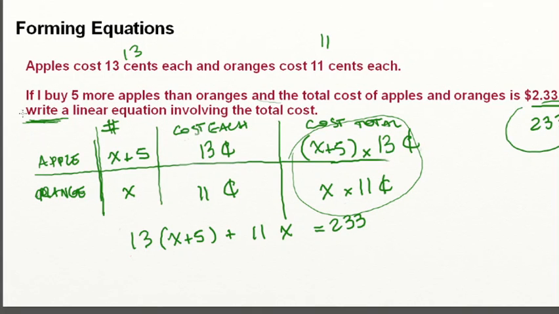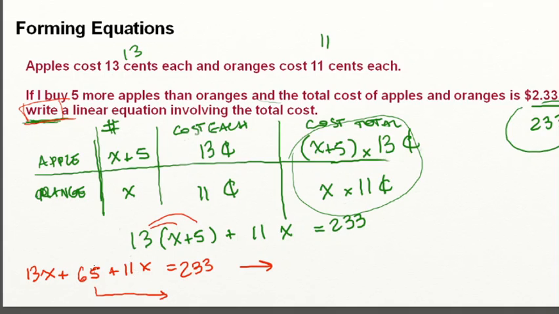So let's just quickly solve this one. Again, the question is just asking us to write a linear equation, but let's just solve it. So we would have to expand those numbers. So we would have 13x plus 13 times 5, which is 65, plus 11x, and all of that is equal to 233. And again, we're calculating everything in cents. So let's get all numbers to one side and let's make x our subject.